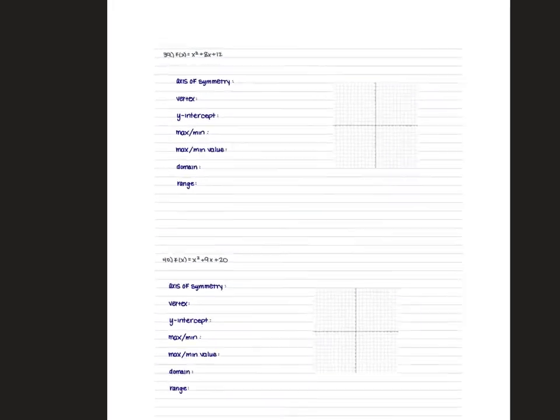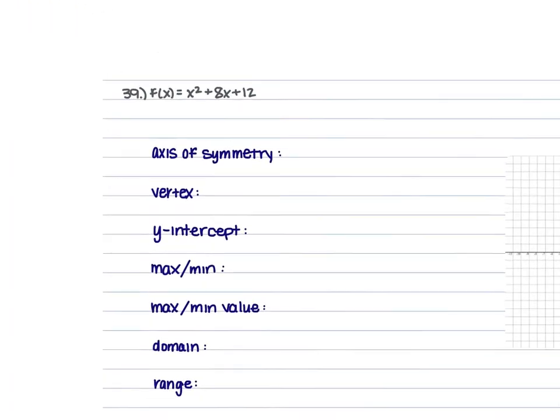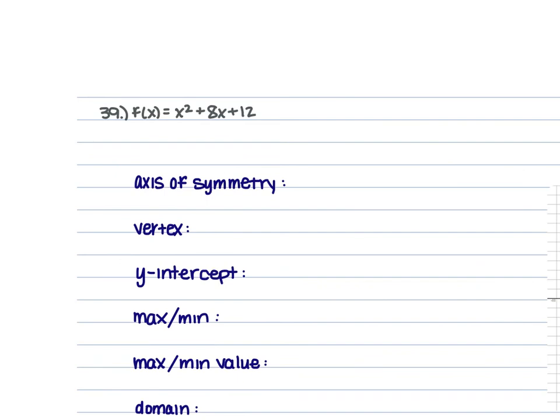For 39, we have f of x is equal to x squared plus 8x plus 12. So our a is 1, our b is 8, and our c is 12. So our axis of symmetry is going to be x is equal to negative 8 over 2 times 1, which is negative 4.